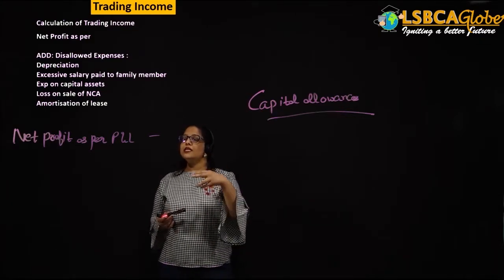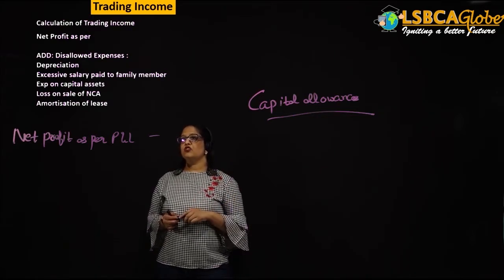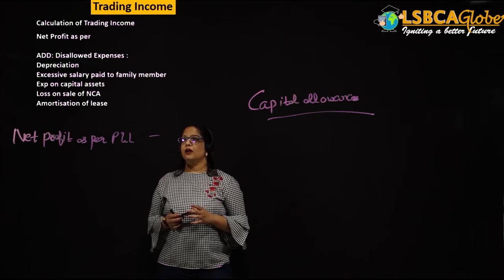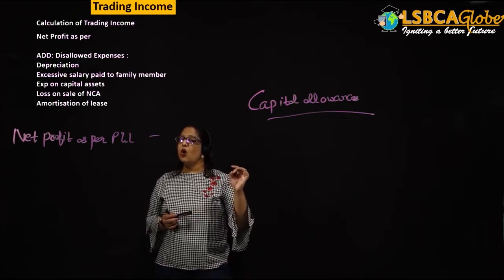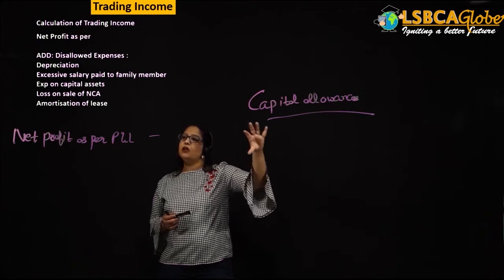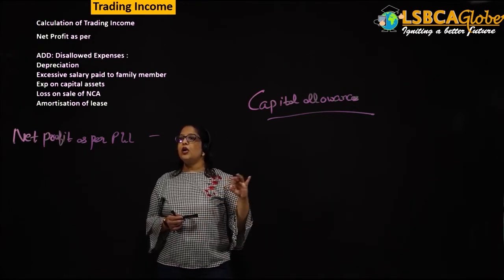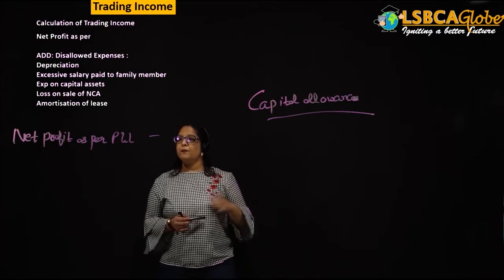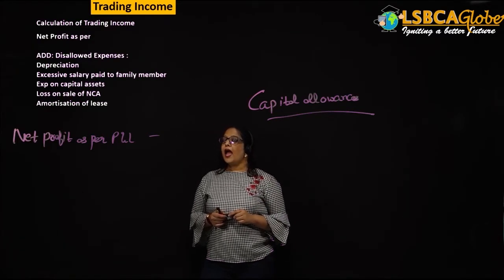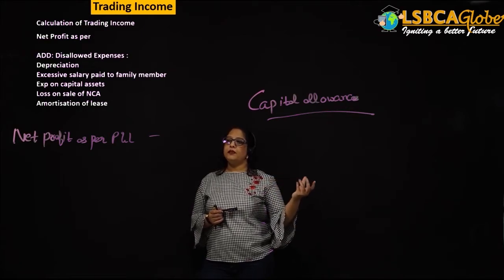So class, first of all, whatever the depreciation is, just add it back, because depreciation is not allowed. Instead of that capital allowances are allowed, but for capital allowances a separate format is there. So add back depreciation, and add back excessive salary if it is paid to a family member.